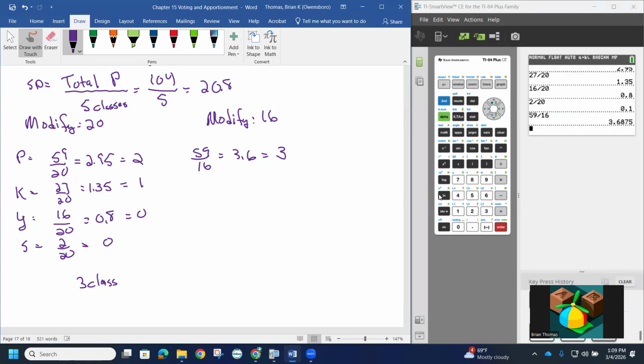So if we do the kickboxing, if we do 27 divided by 16, that's 1.68. So that remains as a 1. But now if I look at yoga, that's going to be now 16 divided by 16.